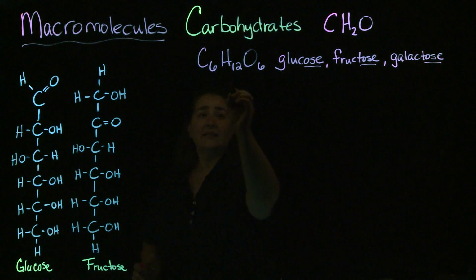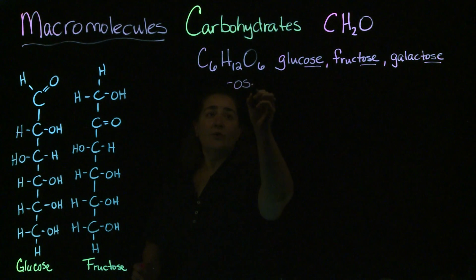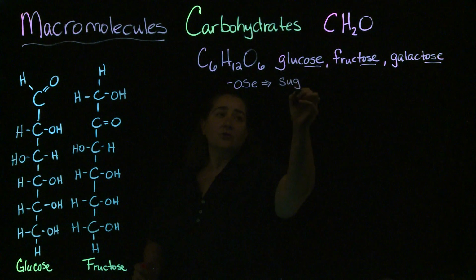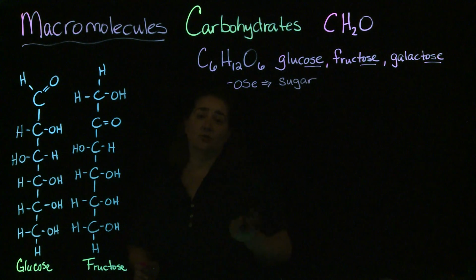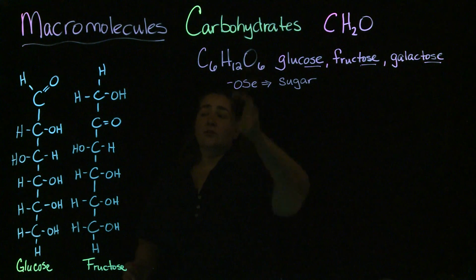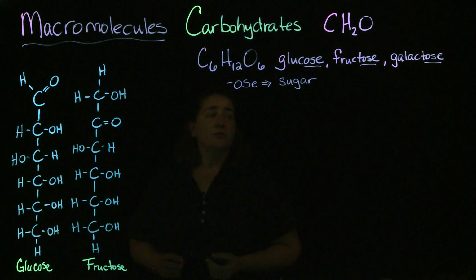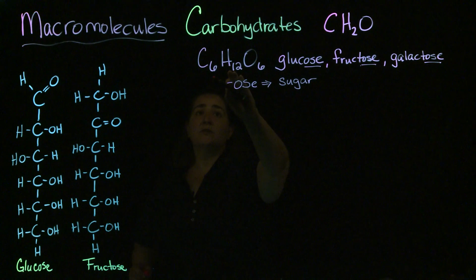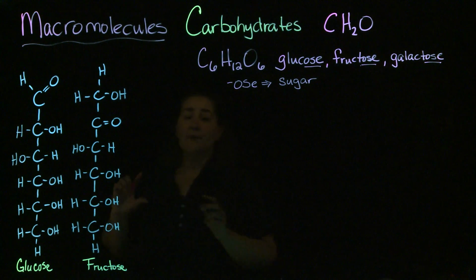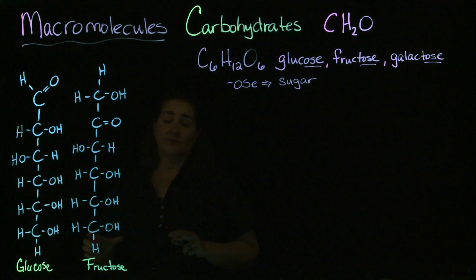Anytime you see that ending chemically, you're talking about a sugar, a carbohydrate. Glucose, fructose, and galactose each have 6 carbons, 12 hydrogens, and 6 oxygens, but how they're put together is different.